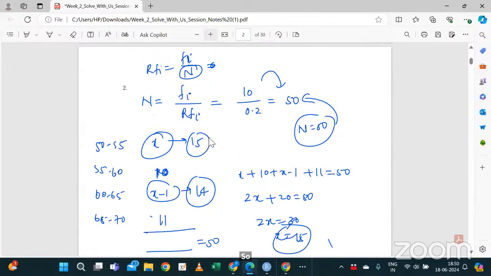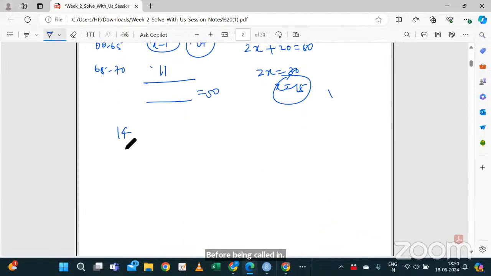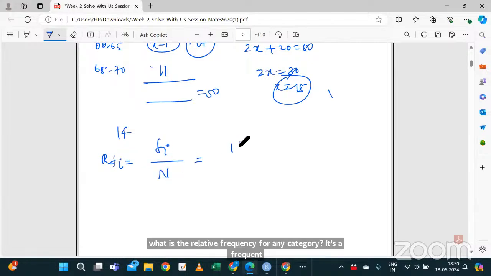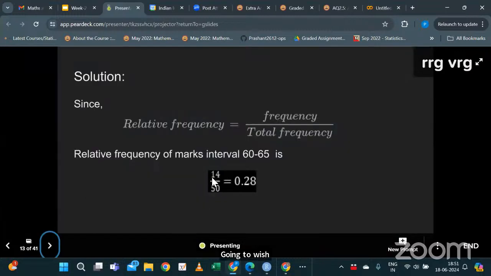Correct. So if it is 14 and we know the total is 50, right? And what is the relative frequency for any category? It's the frequency divided by the total frequency. So 14 divided by 50, how much will it be? 0.28. Right? So 0.28 is the answer. So this is the thing we have to do, very basic thing.